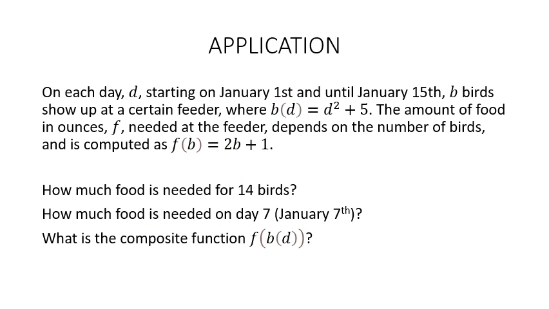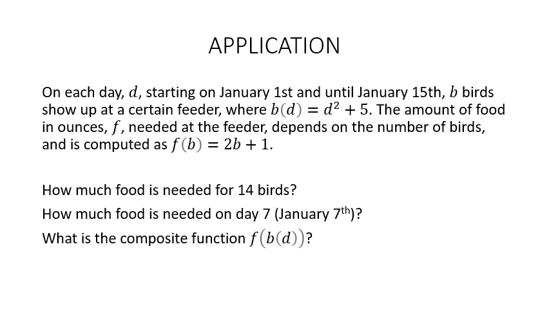Here's an application of a composite function. So on each day D, starting on January 1st and until January 15th, B birds show up at a certain feeder where B of D is equal to D squared plus 5. The amount of food in ounces F needed at the feeder depends on the number of birds and is computed as F of B is equal to 2B plus 1.